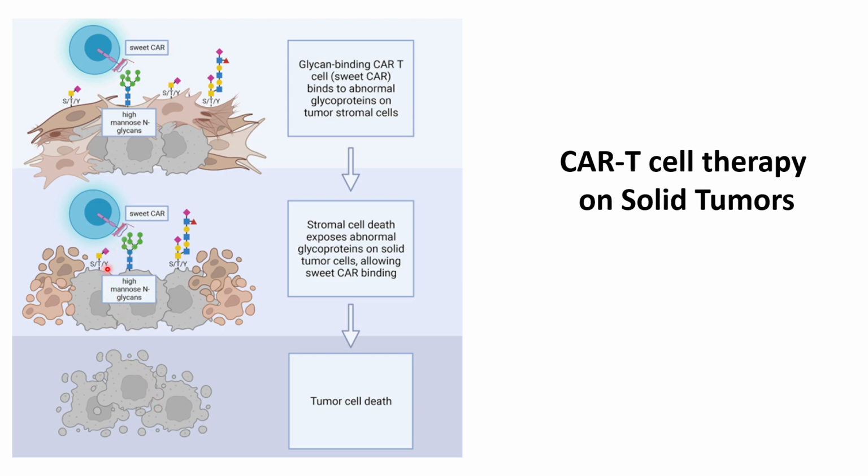Finally, when the CAR T cell detects those abnormal glycans, it will activate the immune system and try to kill those tumor cells, which will lead to tumor cell death, in a similar way as we discussed for traditional CAR T cells when they target blood related cancers. So this is another dimension in which CAR T cells are being developed, which is in the developing phase, on solid tumors.